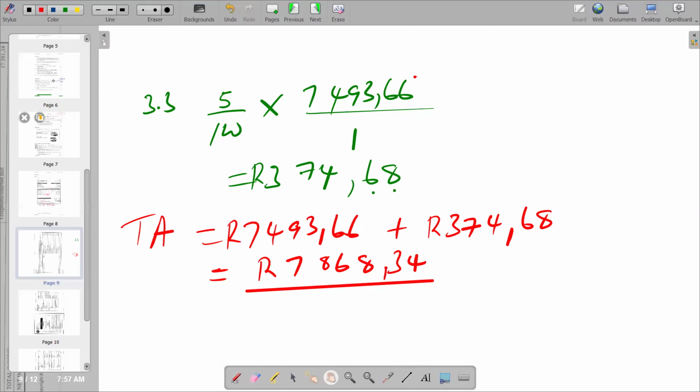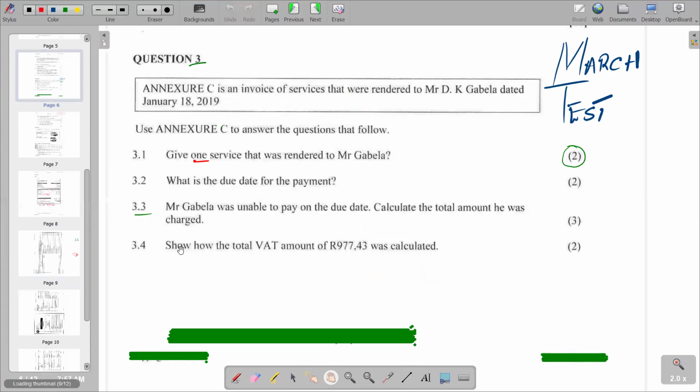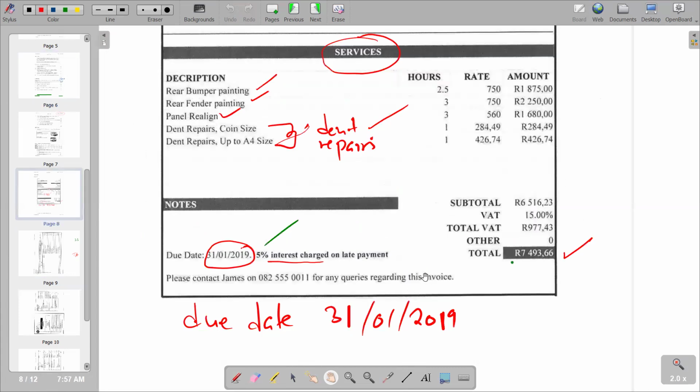Then let's go to 3.4: show how the total amount of R977.43 was calculated. So we go to our invoice and see how 977.43 was calculated.